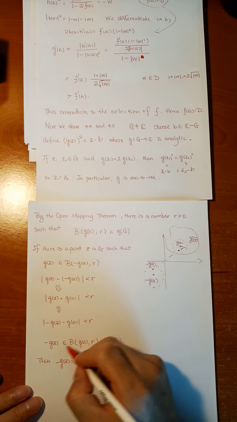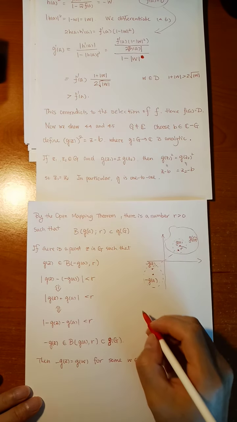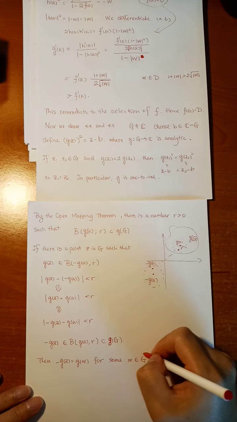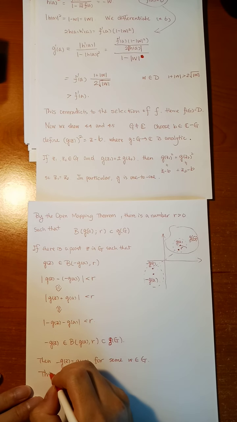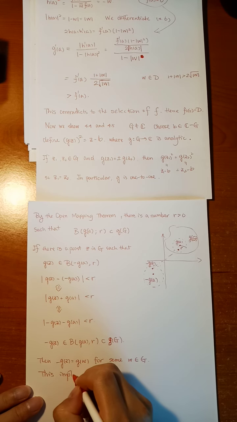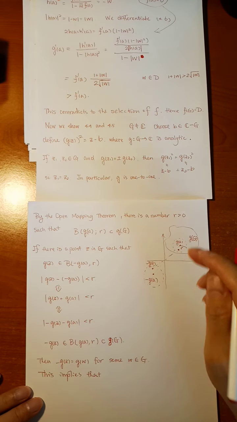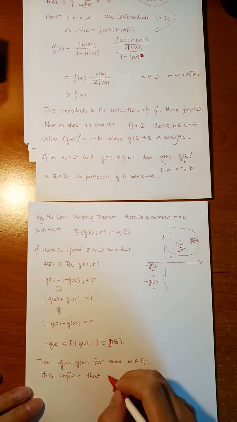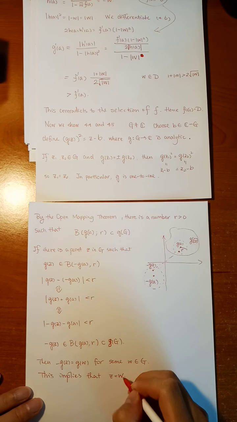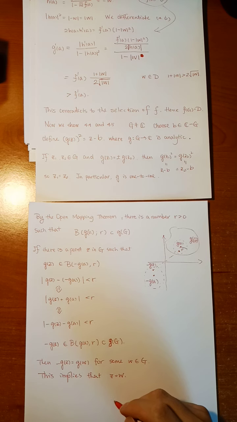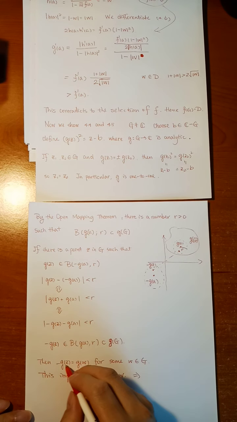And again, remember that this implies that z is equal to w. This G of z and G of w are the same thing.